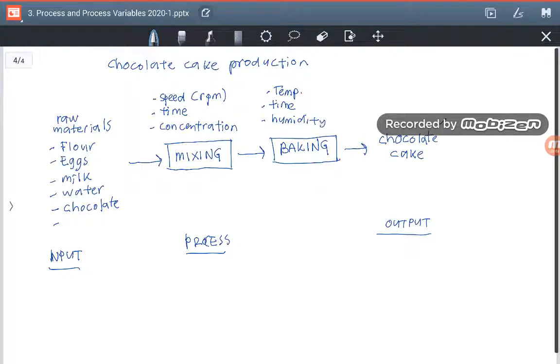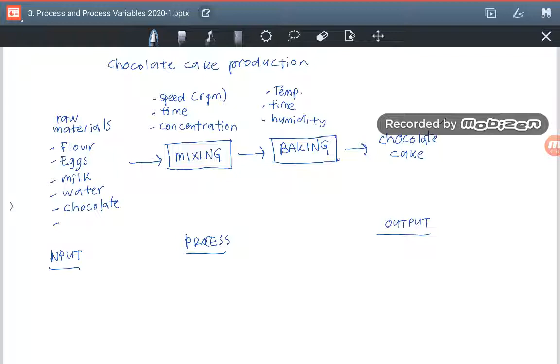Some ovens don't have a fan. Some other ovens do have a fan. So if the oven has a fan, it is going to eliminate the humidity, the moisture that has been released from the cake, so that the surrounding atmosphere in that baking area will be a bit dry compared to the conventional oven and so on.